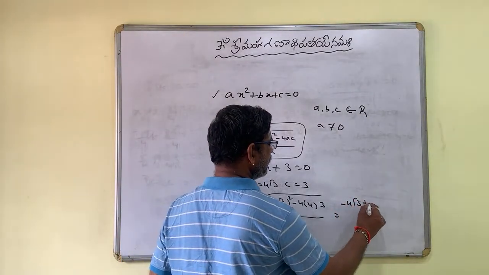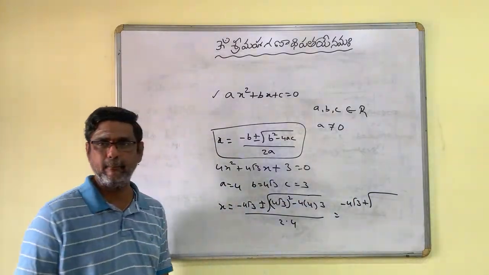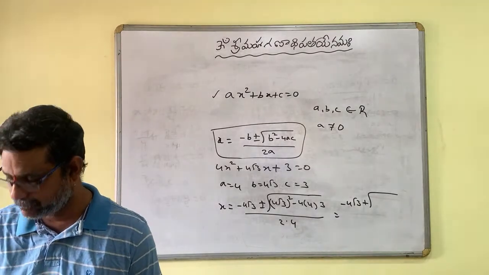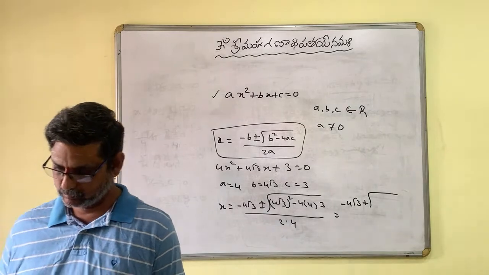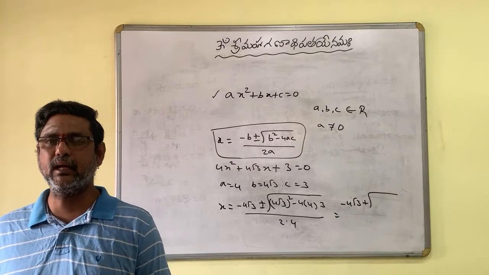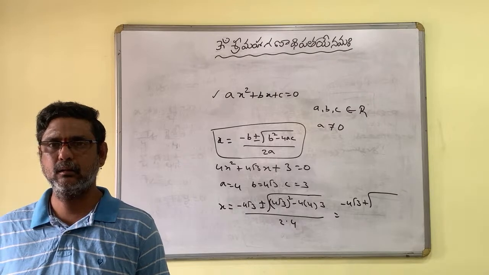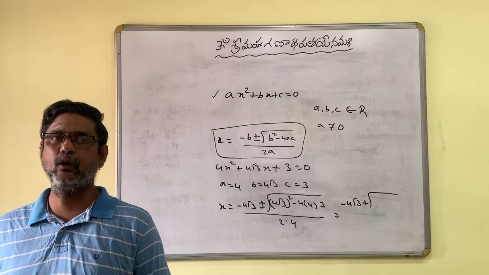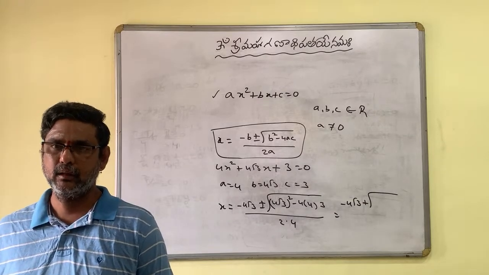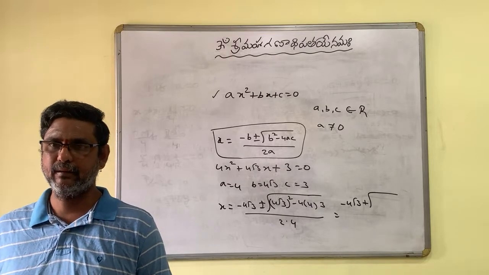Minus 4 root 3 plus or minus root over, what is 4 root 3 whole square? You need to square it, 4 as well as root 3, both. 4 square is 16, root 3 whole square is 3.